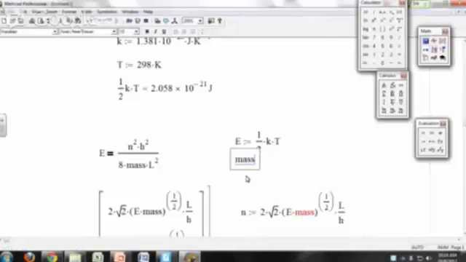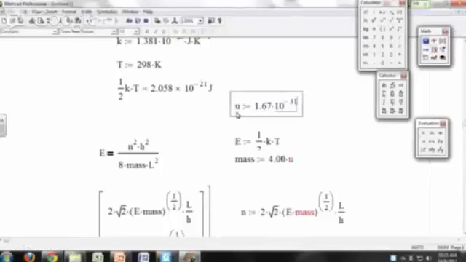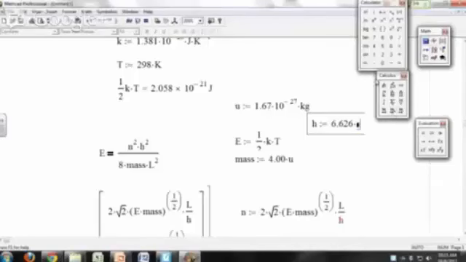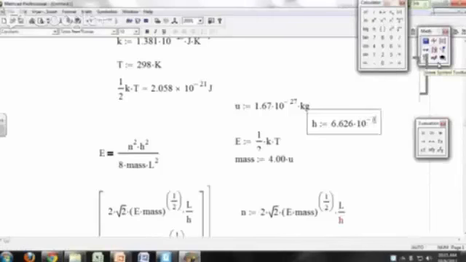Let's define our mass. Mass is 4.00 atomic mass units. And what's an atomic mass unit? 1.67 times 10 to the negative 31... oh, no, I'm sorry, 10 to the negative 27 kilograms. And h is Planck's constant, 6.626 times 10 to the negative 34 joule seconds.